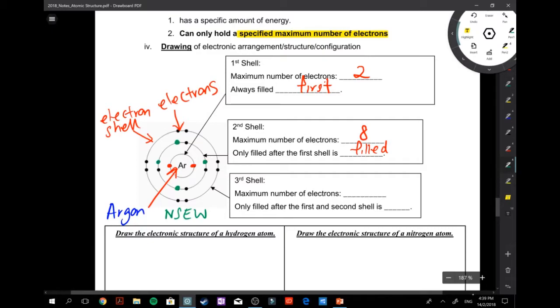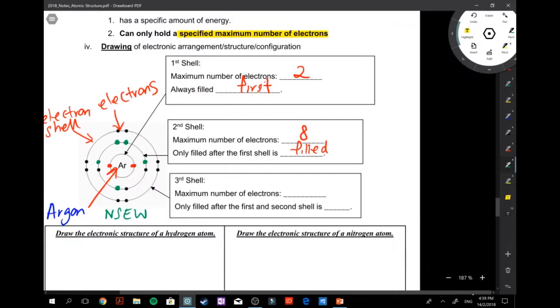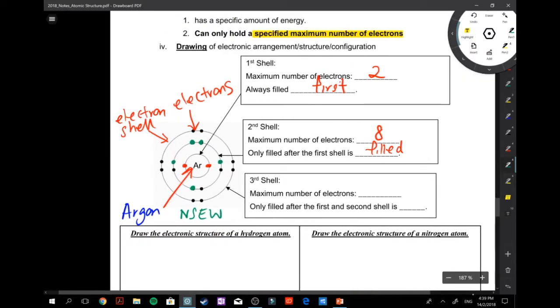Now the fifth electron, same thing, north, south, east, and west. So we always fill up the north, south, east, west first before we go on to pair the electrons.